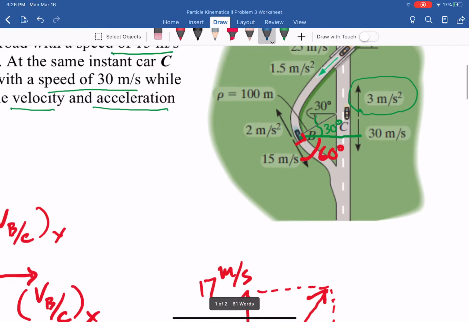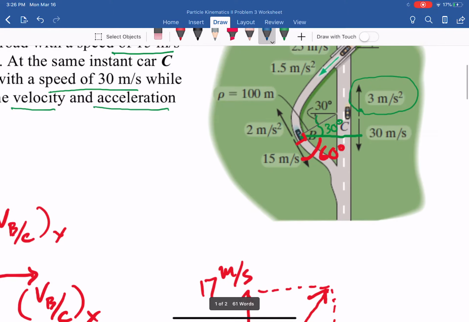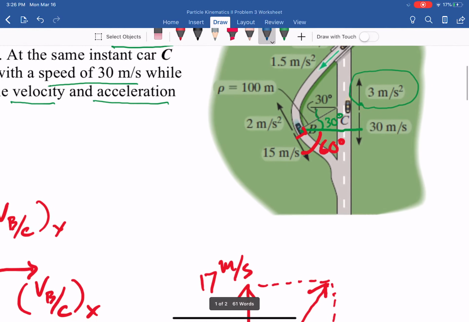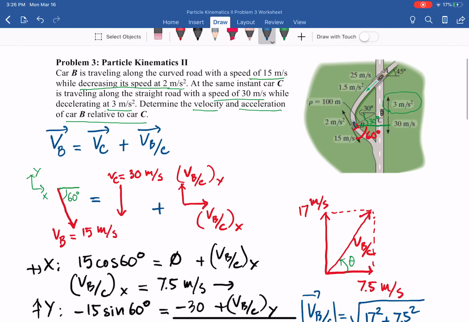Keep in mind the acceleration has two components: the tangential component, which is tangent to the path, and the normal component of acceleration, directed to the center. So you have the tangential component, which here is 2 meters per second squared, and the normal component goes to the center.